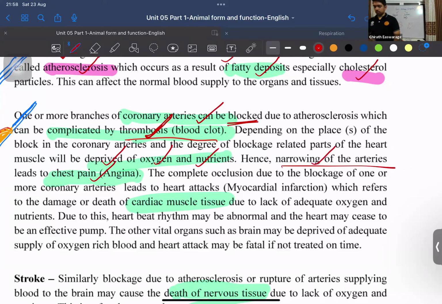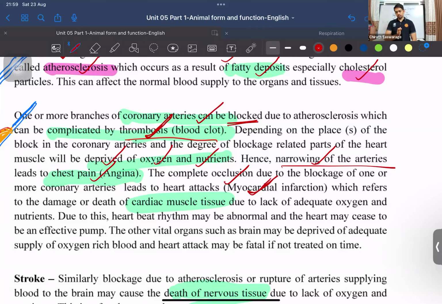And also narrowing of arteries. So you get a chest pain when you have what? The arteries are only narrowed, but have they completely blocked? No, they are not completely blocked yet, right? So you get a chest pain when they are narrowed, but complete block, right? Complete occlusion, 1 mark. One or more coronary arteries leads to a heart attack, myocardial infarction.